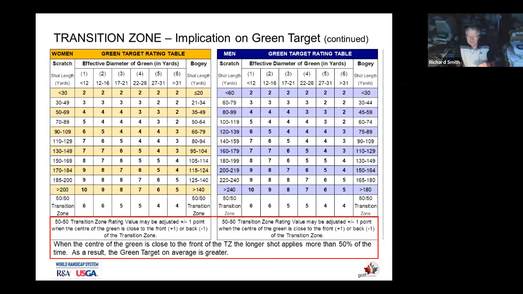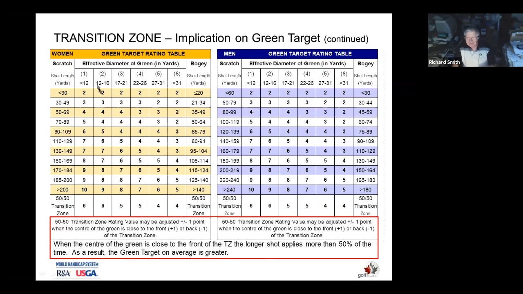Well, if the center of the green is close to the front of the transition zone, that means that more often the shot's going to get there. Then that means you're going to be using more of the long value than of the short. But if the center of the green is way back, let's say out of that 20 transition zone, way back there at 18, well, then fewer of the original approach shots are going to get there.